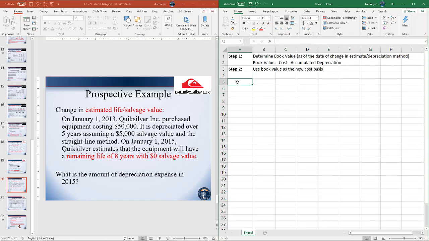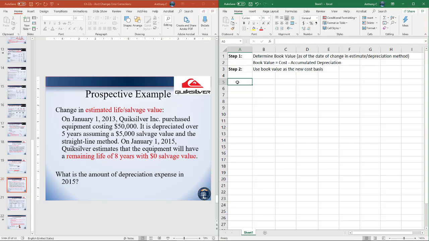Okay, so in this example, it tells us on January 1st, 2013, Quicksilver purchased equipment costing $50,000. It's depreciated over 5 years, assuming a $5,000 salvage value and the straight line method. On January 1st, 2015, Quicksilver estimates that the equipment will have a remaining life of 8 years with a $0 salvage value.